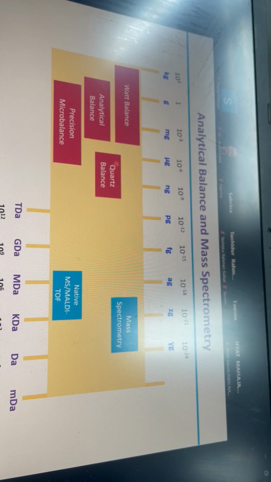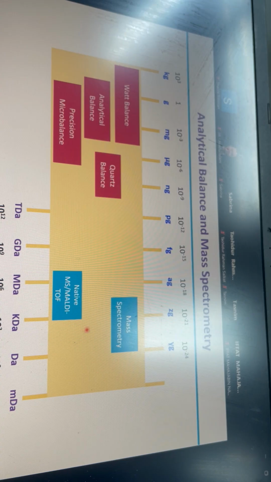So the analytical balance or precision microbalance in our lab can measure down to milligram or microgram.